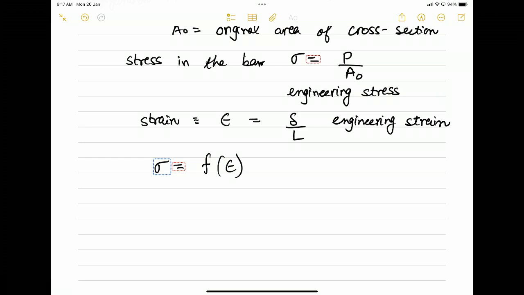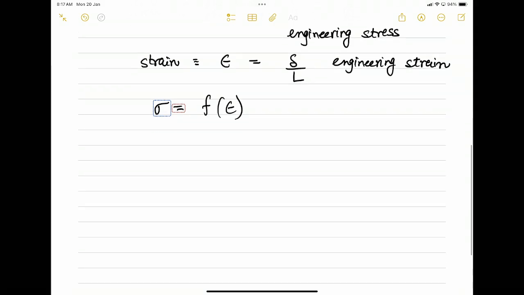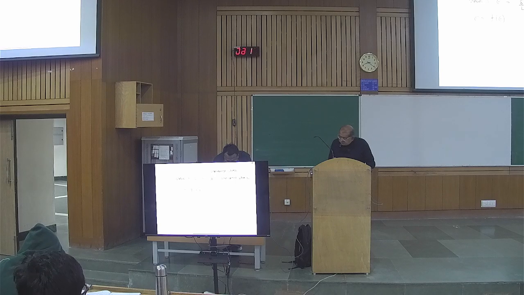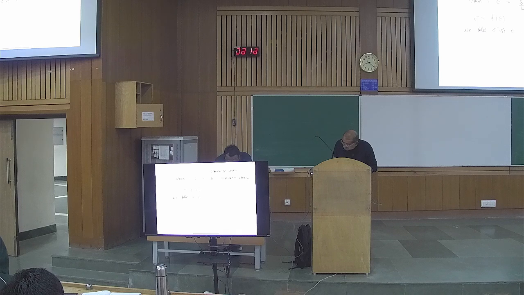What we are talking of is the intensity of the load. So when we study behavior like this, we see sigma is a function of epsilon, and we plot the sigma versus epsilon curve for each material.